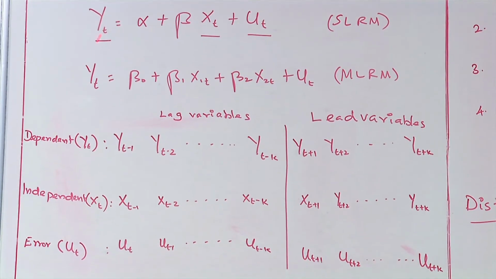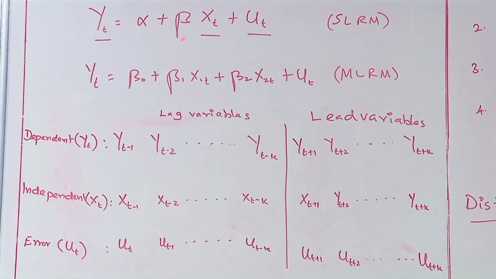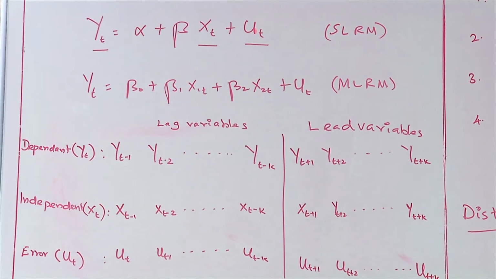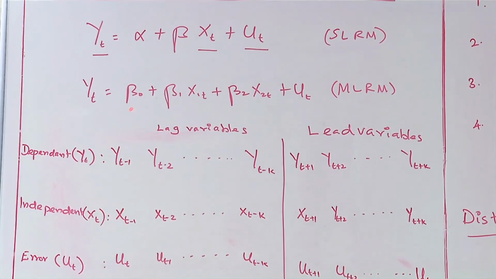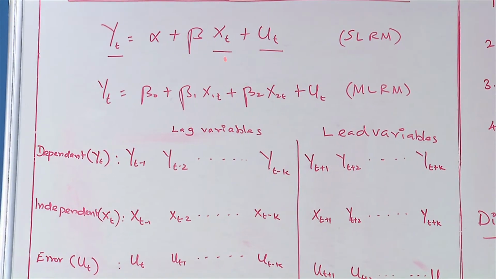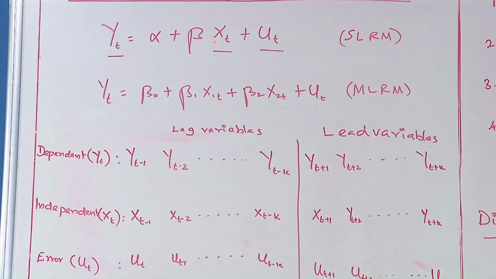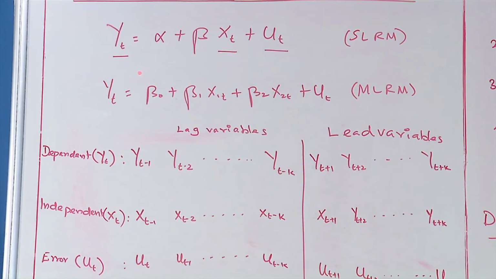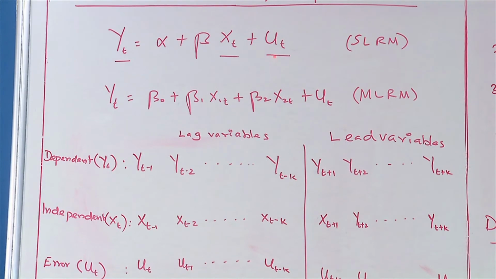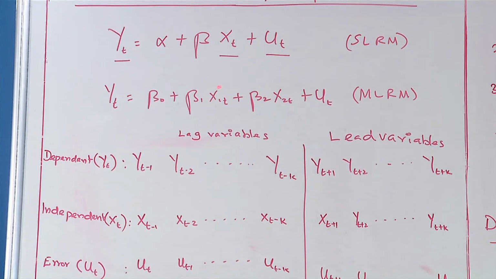These models commonly have three components: the dependent variable, the independent variable and the error term. We can find the lagged variables of these dependent, independent and random error variables, and also lead variables.